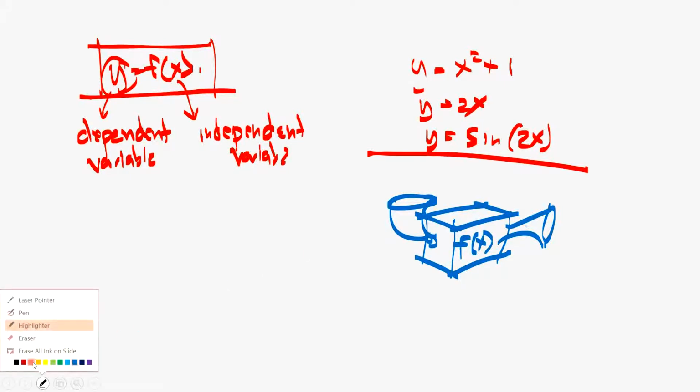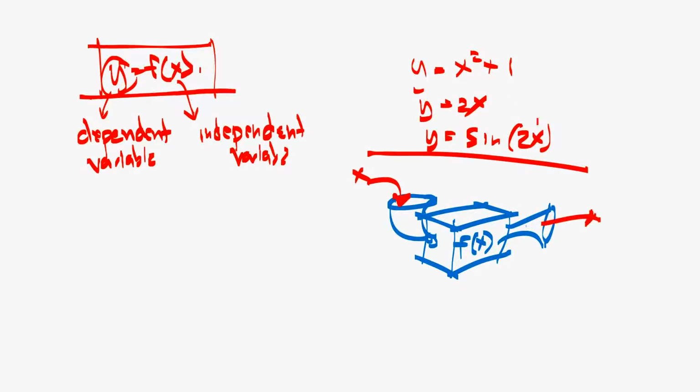If you input all the x values, then it will produce only one y value, right? So let's say if you input 1 right here, and our function is x squared plus 1, that's going to be 1 squared, so 1, plus 1, so this will be 2.